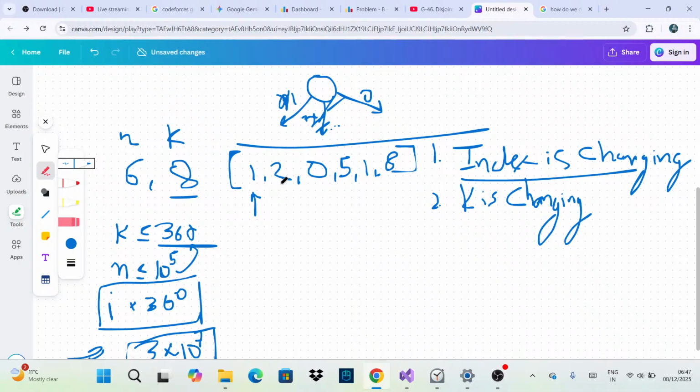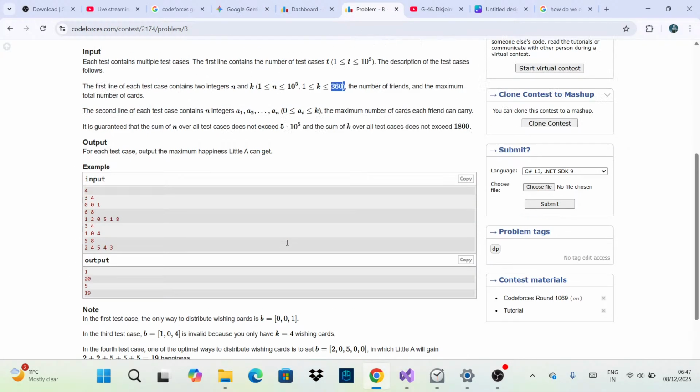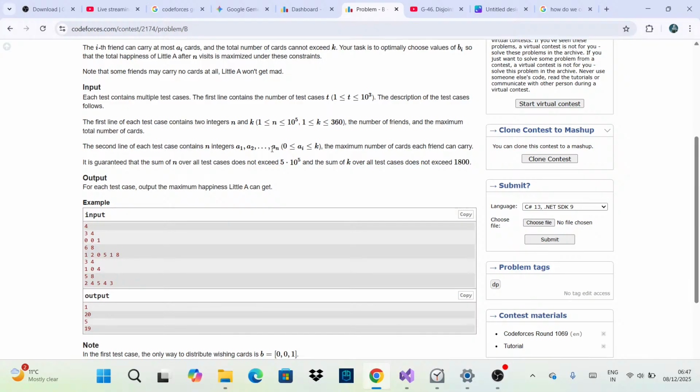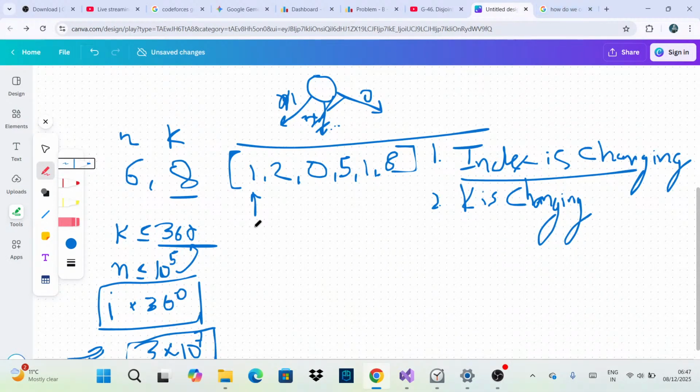Okay, so I can have 360 different, but it will not be N into 360. We have also given the limit on AI.